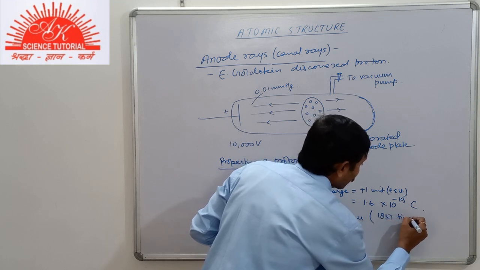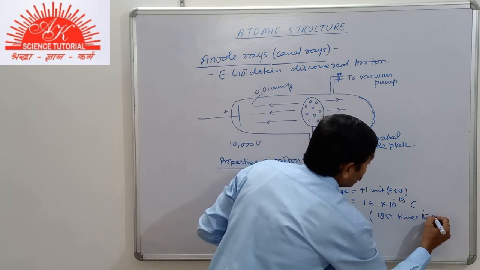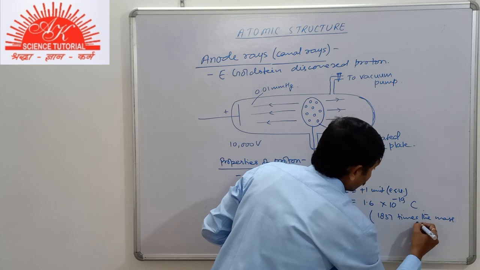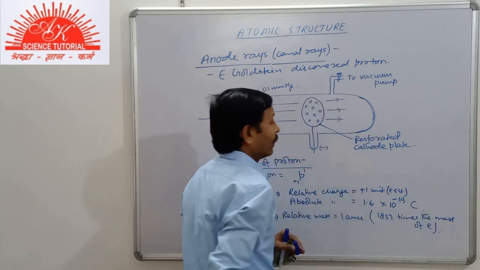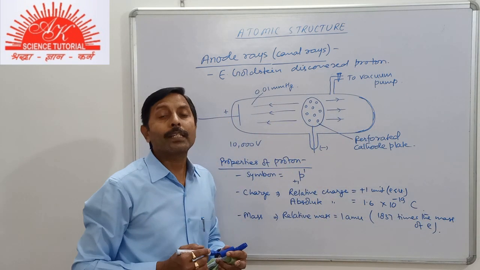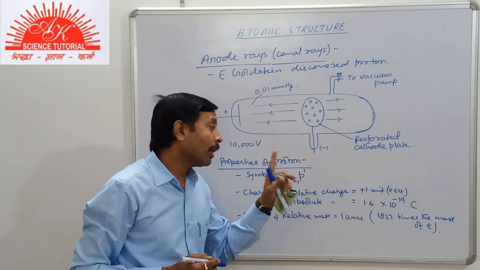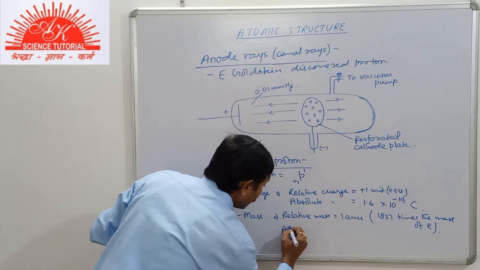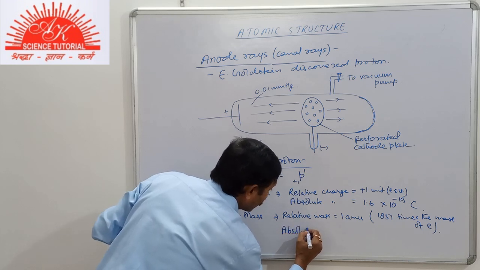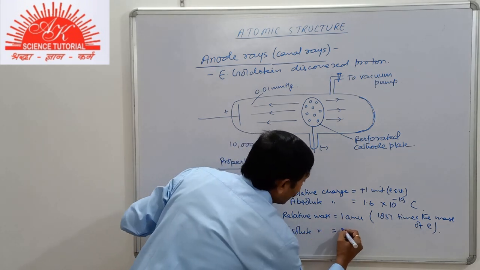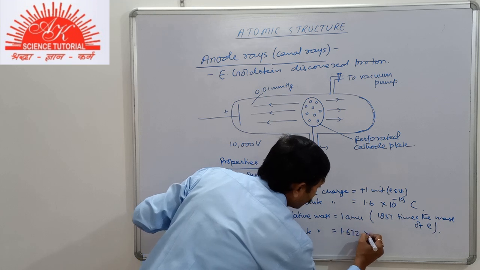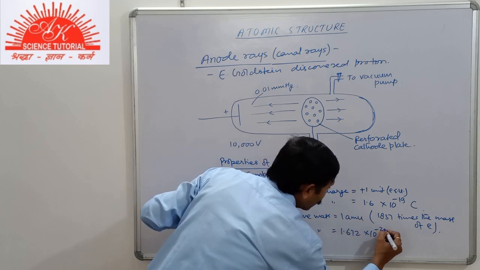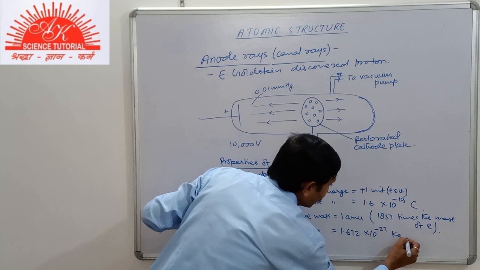1837 times the mass of electron. That is, it is similar to the mass of one hydrogen atom. And finally, absolute mass. It is 1.672 into 10 to the -27 kg.